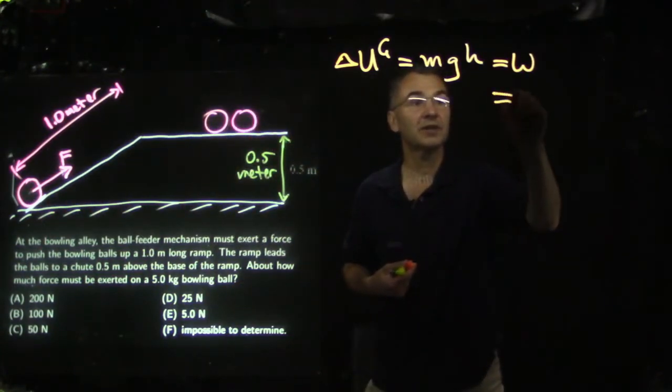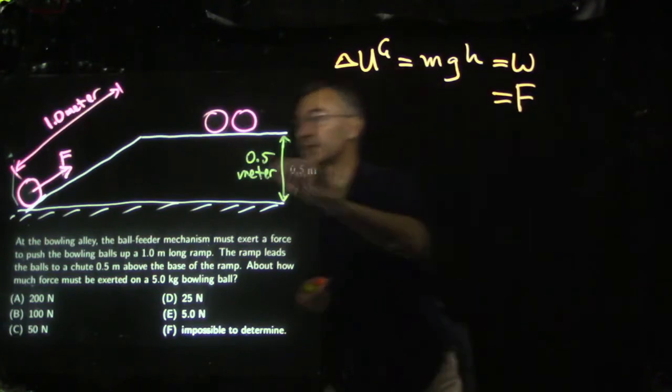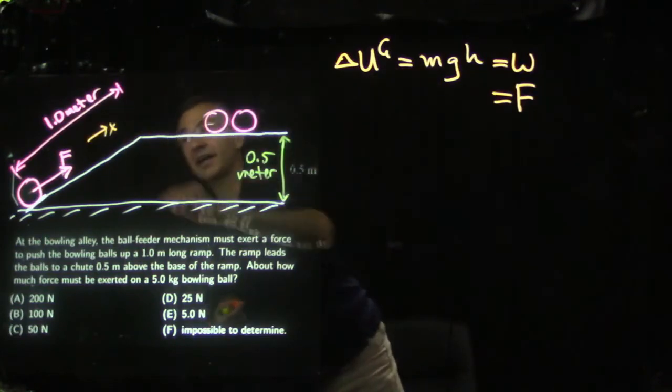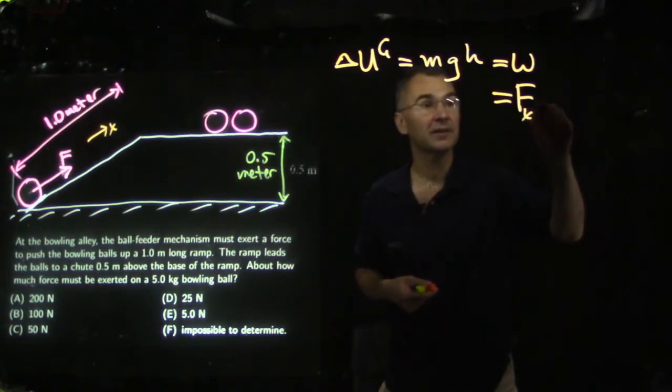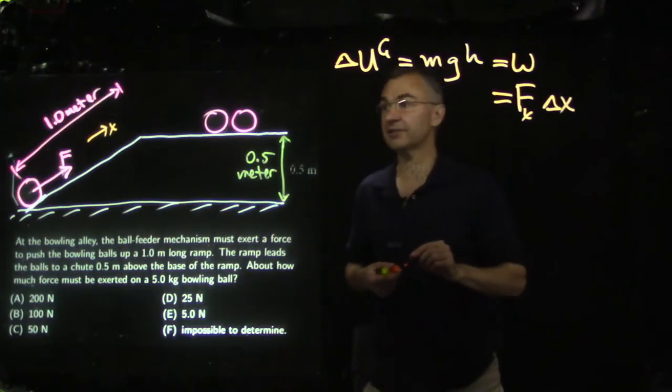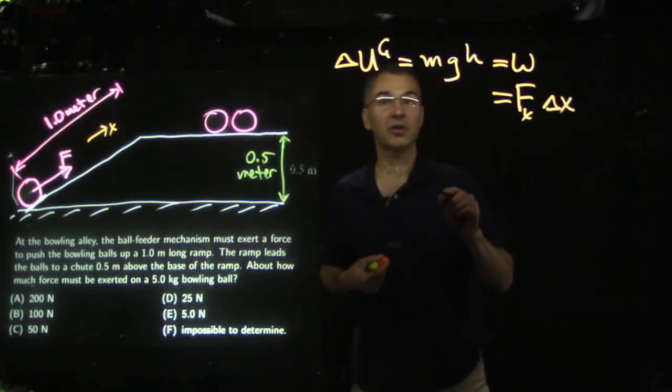And that is going to equal here, this is my x-axis, this diagonal thing. So it's going to be the force in this diagonal x direction times the displacement in this diagonal x direction.